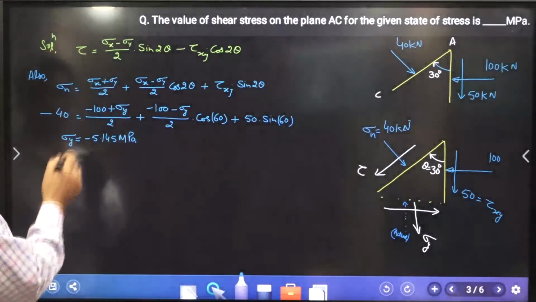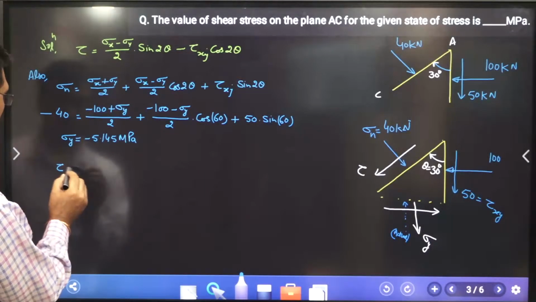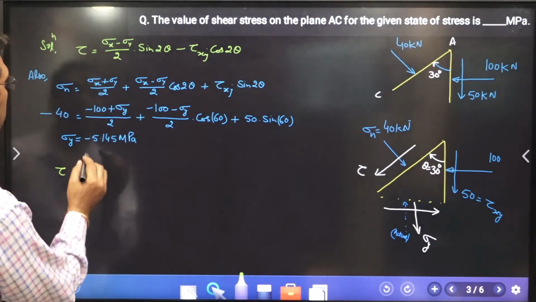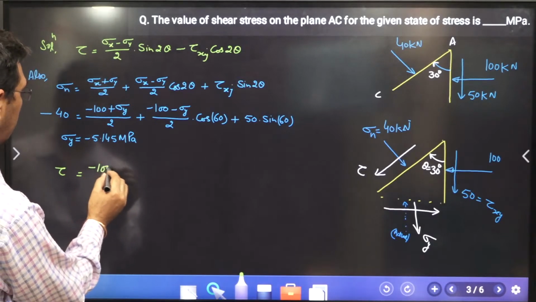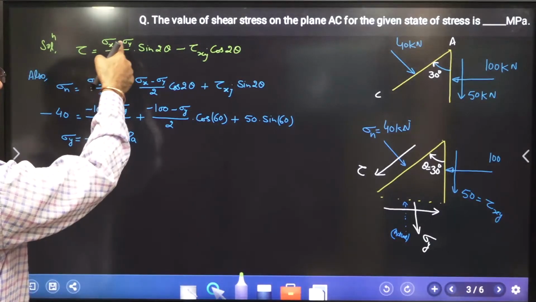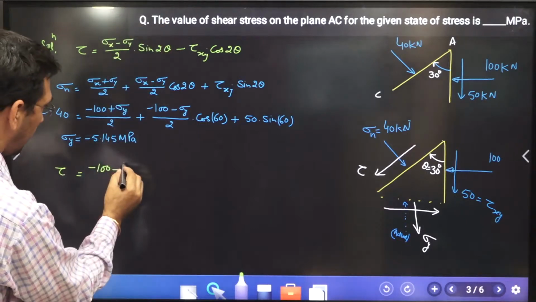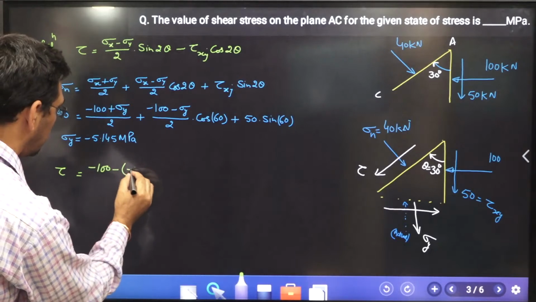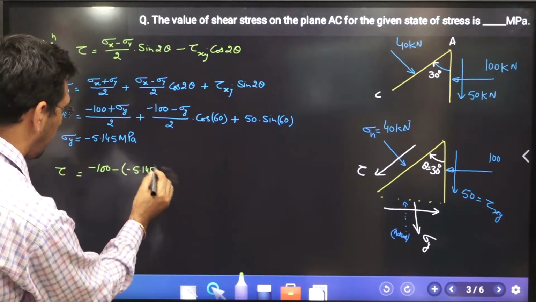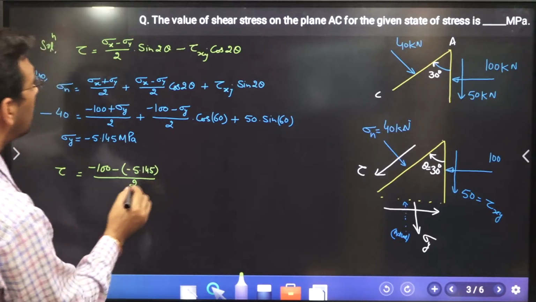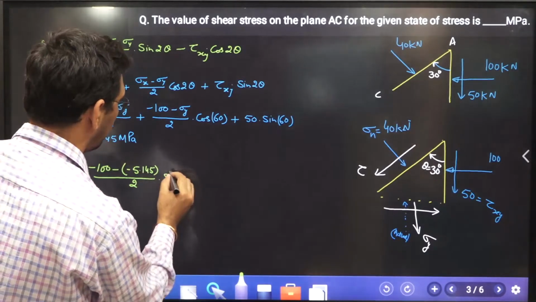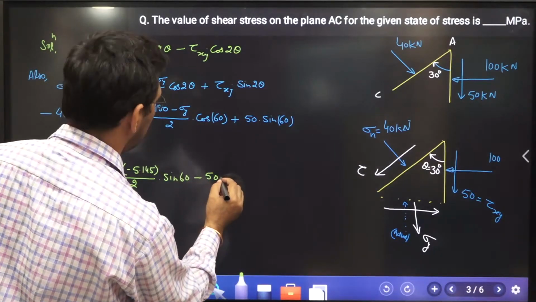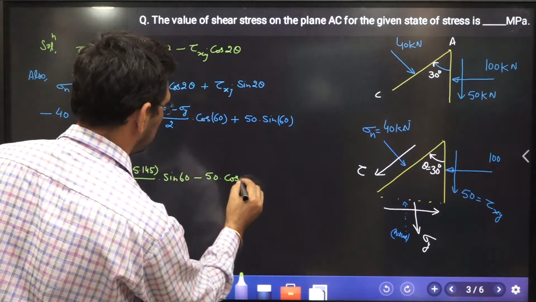Anyway, just input the value over there now. So tau, you're going to have sigma x is how much? Minus 100, and minus sigma y. So sigma y is negative, so what you have to do is minus 5.154 divided by 2, sine 60, minus tau xy 50 and cos 60.